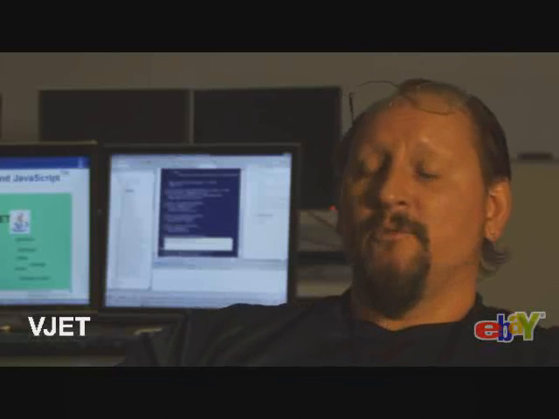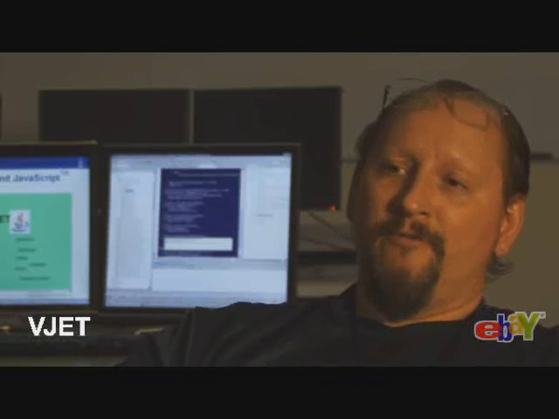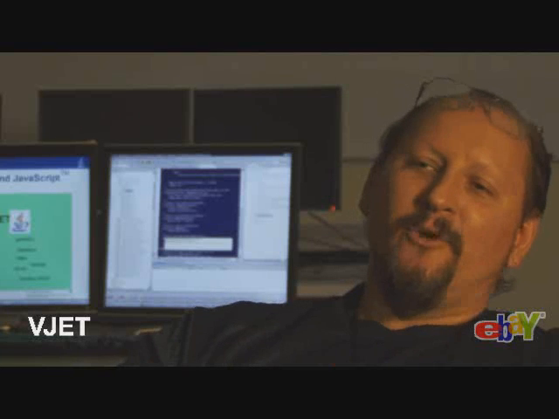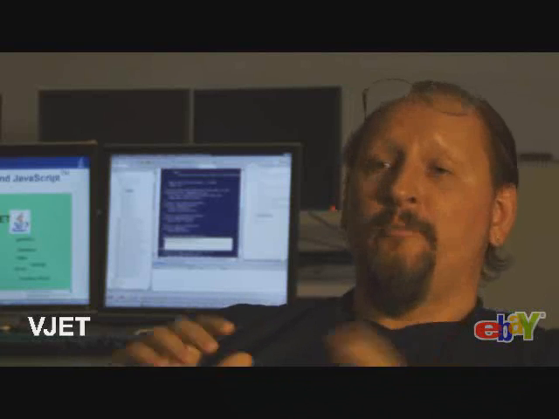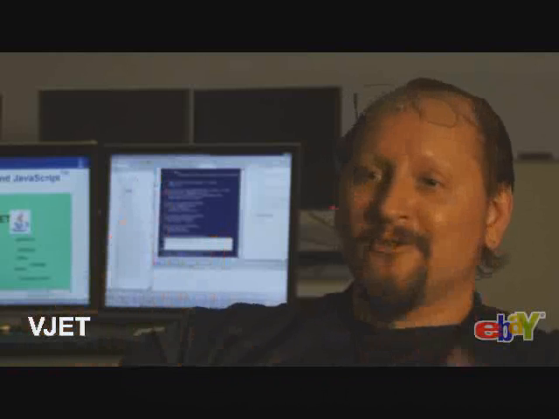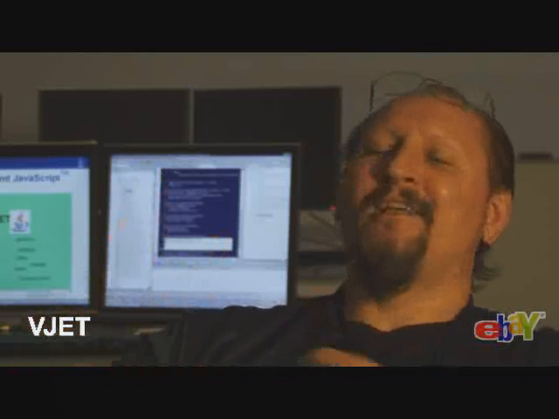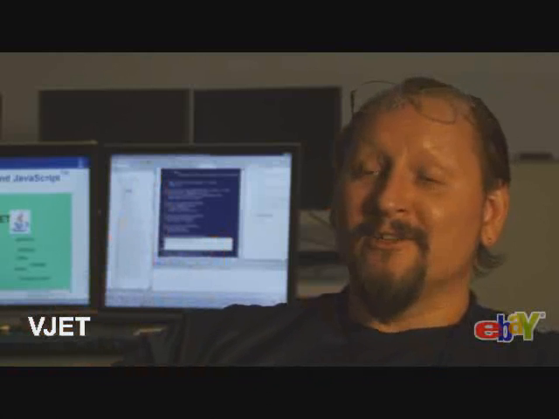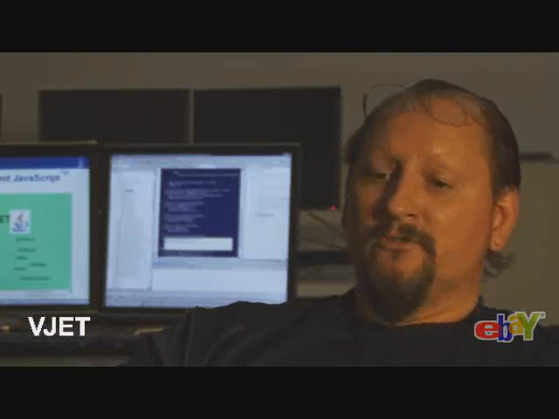Well, the answer was we want to annotate the JavaScript, and we want to do it in the easiest way possible. We wanted to do it in a way that would be very natural for a Java person coming over. We wanted to do it in a way that was going to be unobtrusive, so that you didn't flood your JavaScript with so many annotations that it would be impossible to read. So what we came up with is taking a structured JavaScript comment.